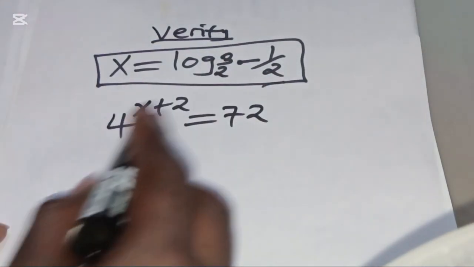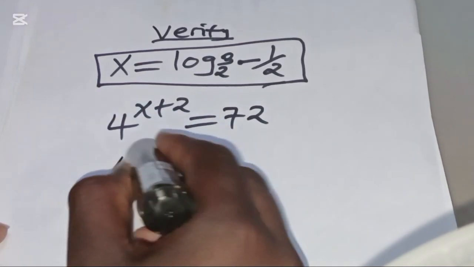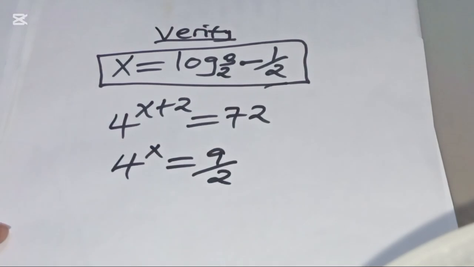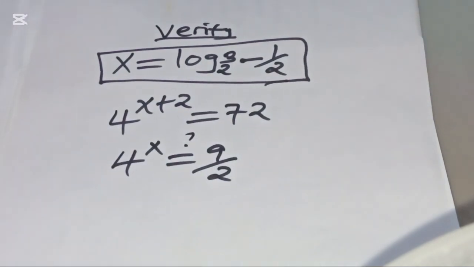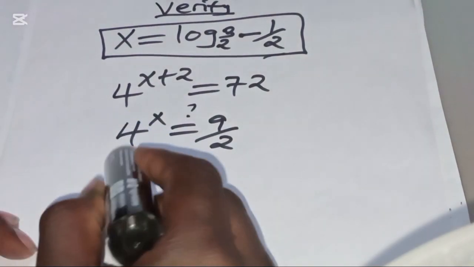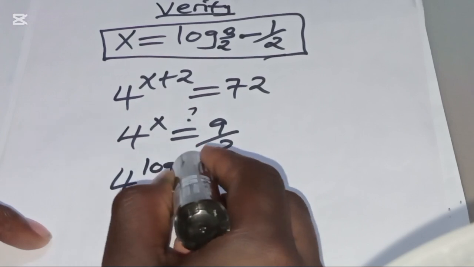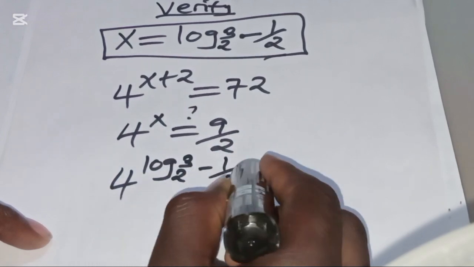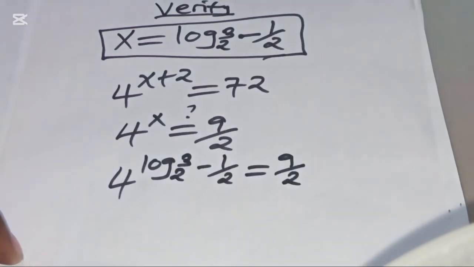We simplified this further to 4 to power x equal to 9 divided by 2. So let's check: substituting the value of x, we'll have 4 to power log 3 to base 2 subtract half. This should give us a value of 9 divided by 2.